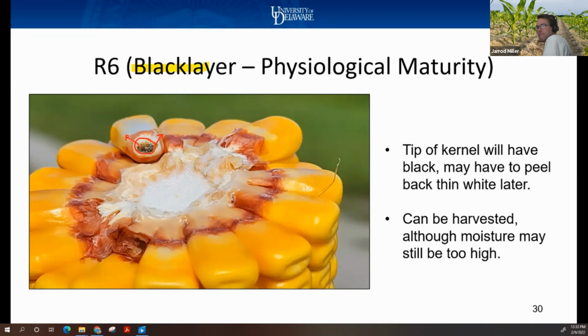And you might check and not find it, and then a day later you chip away, and this is where the seed's separating from the cob here. It's pulling off. So the tip of the kernel is going to be black. At this point, it can be harvested. It's probably the moisture's too high, but it's considered to be physiologically mature. So you can harvest this corn at this point.